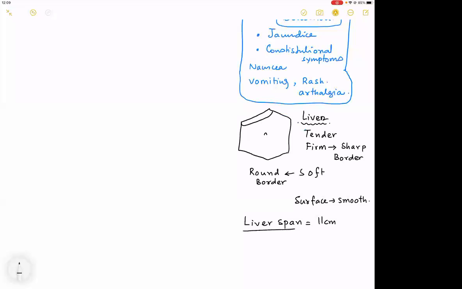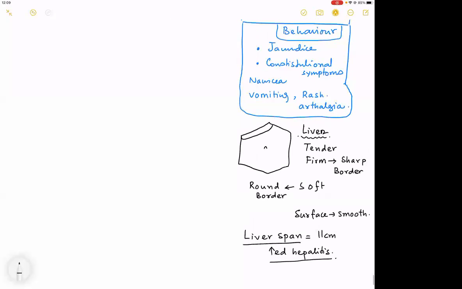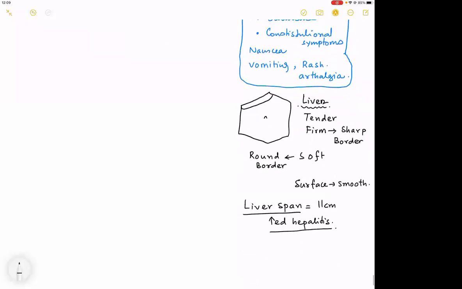Liver span is increased in hepatitis because the liver is enlarged. This is more or less a quick summary of your findings in hepatitis. Understood that, sir? Good.